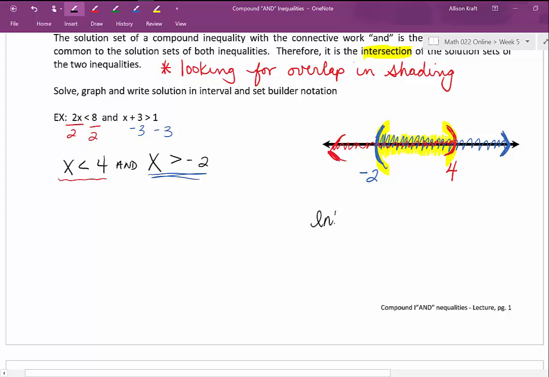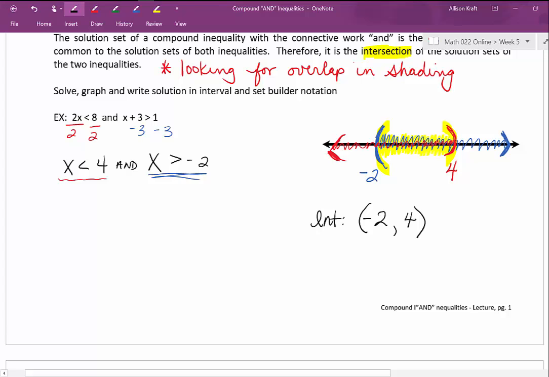The interval notation, we want to start with the very smallest number that's included in that yellow shading. We want just larger than -2, so we write that -2 with a parenthesis to indicate that we're not including -2. And then the largest number included in our yellow shading is 4, and it also gets a parenthesis.